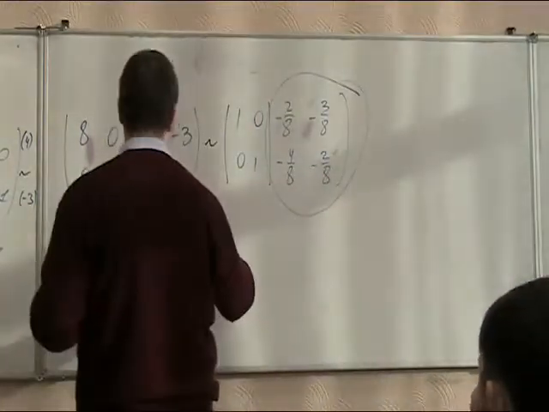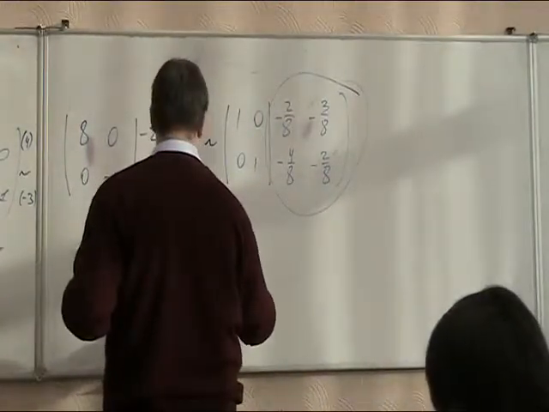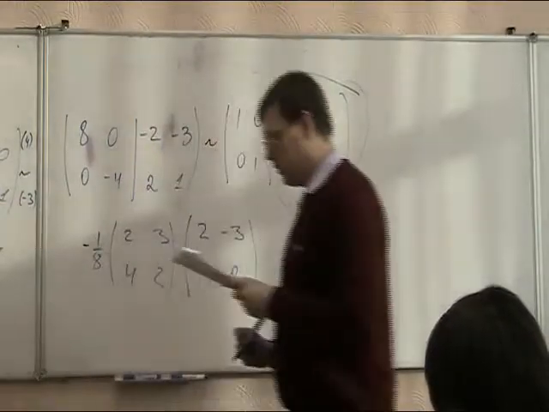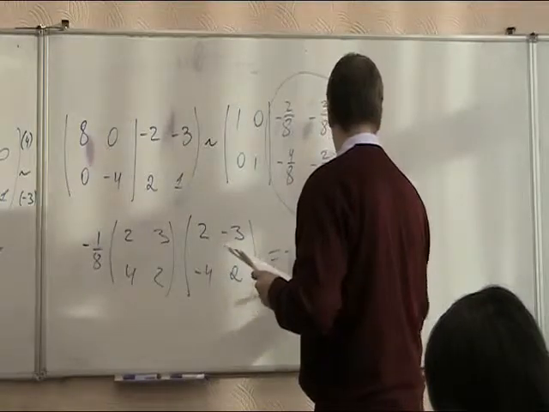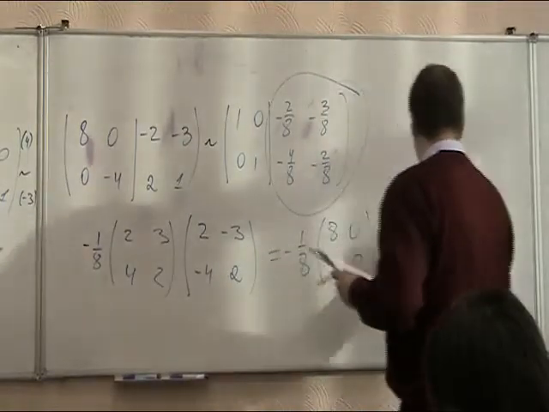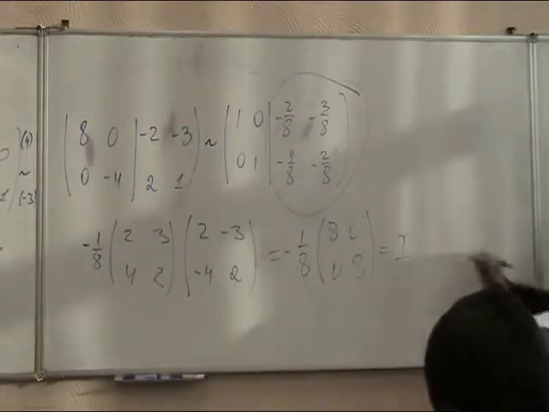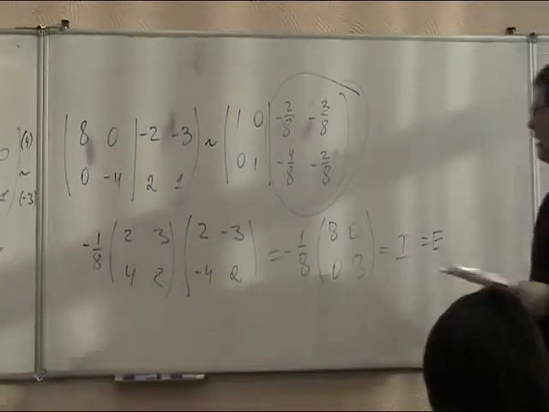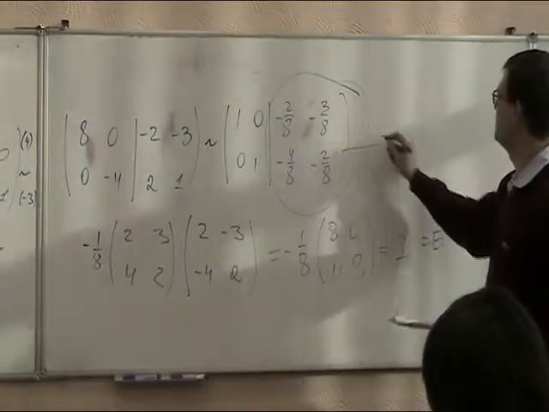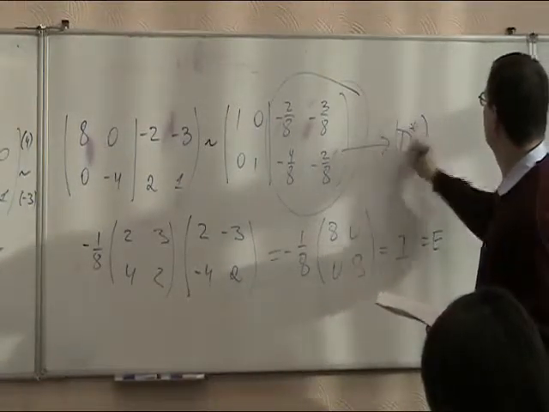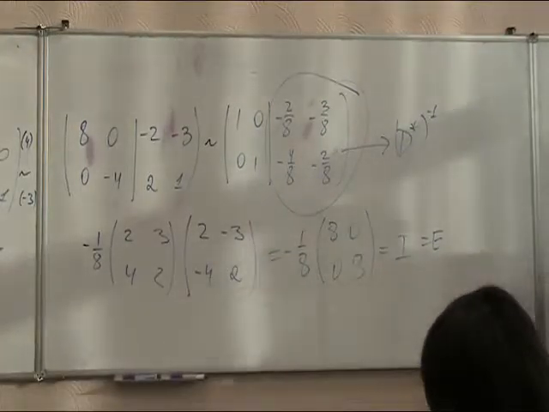If we multiply it by our matrix 2, -3, -4, and 2, we ultimately get the matrix -1/8 times 8, 0, 0, 8, which is our matrix called I. Sometimes this is called E, which is our identity matrix. So that means this matrix is D star inverse.